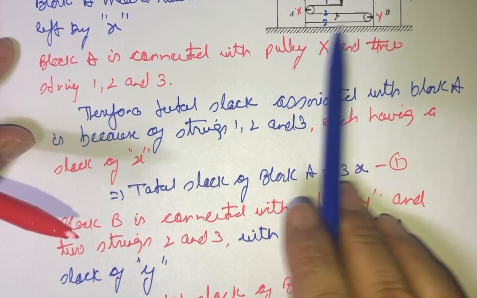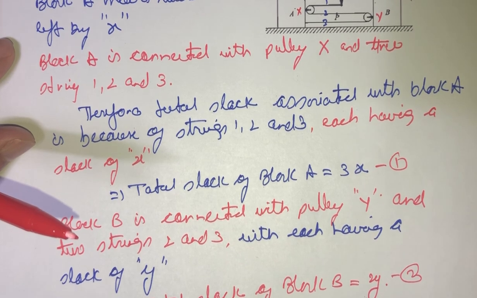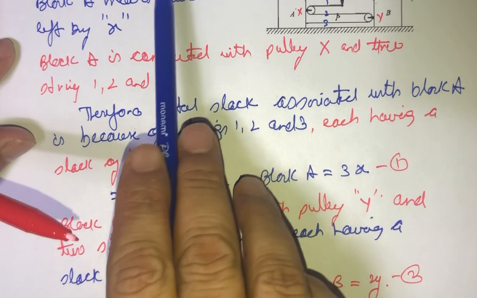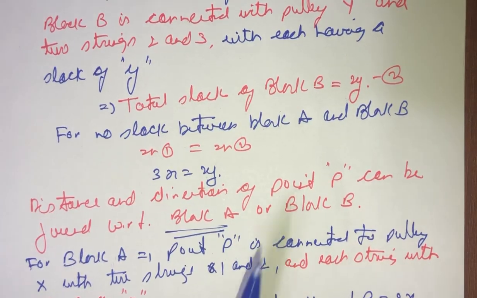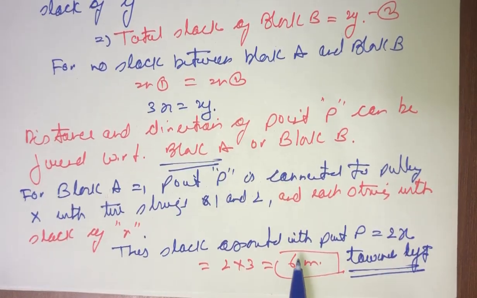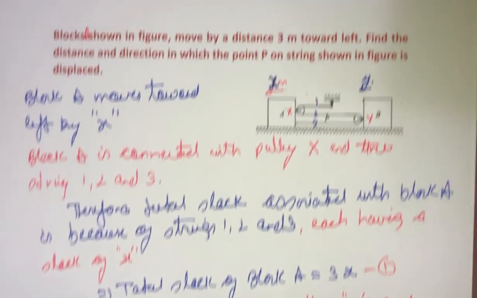Substituting the values, it is going to give the same answer, that is the slack associated with point P will be 6 meters towards the left side. Thank you.